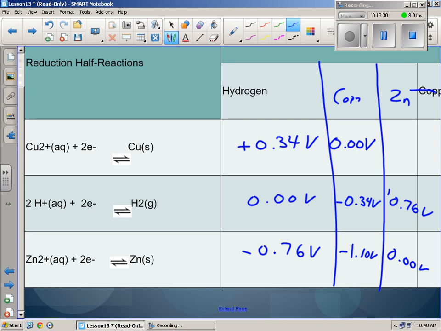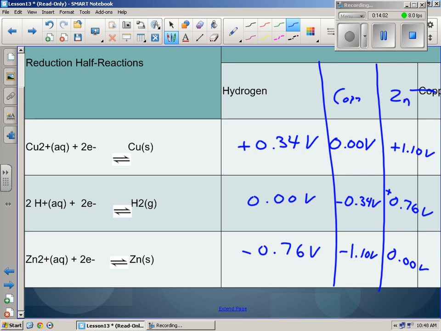And of course, that would be a positive because we're starting at 0 here. And once again, if this was my 0 now, that's 0.76 above, and that's another 0.34 above. So I guess up here, this would have to be 1.10 volts above that, right? There's a 1.10 volt difference between the copper and the zinc half cell, always. Okay?